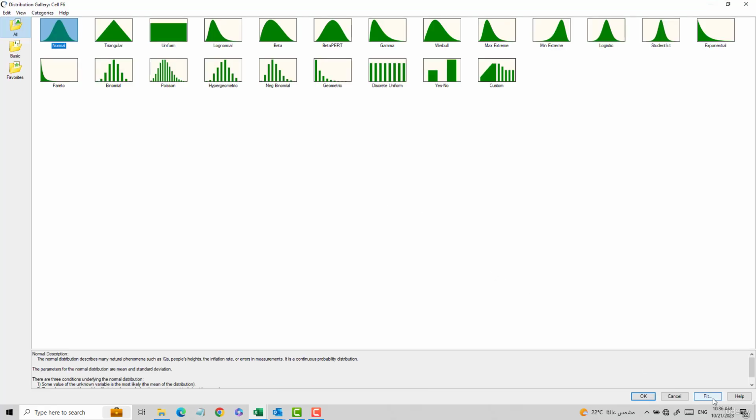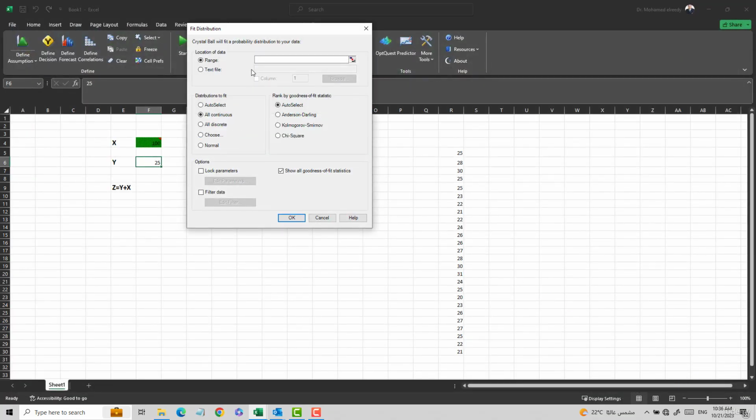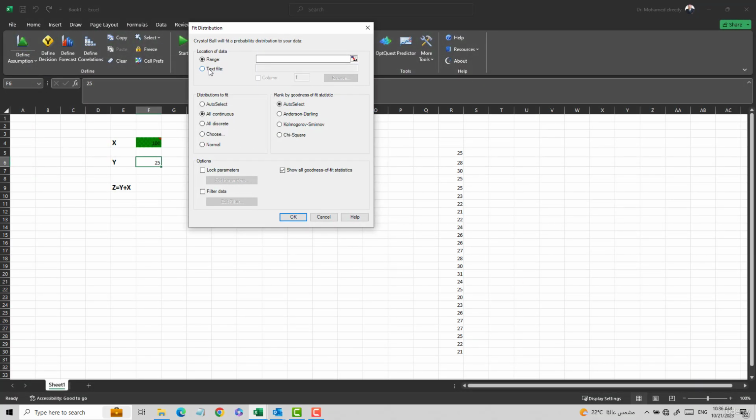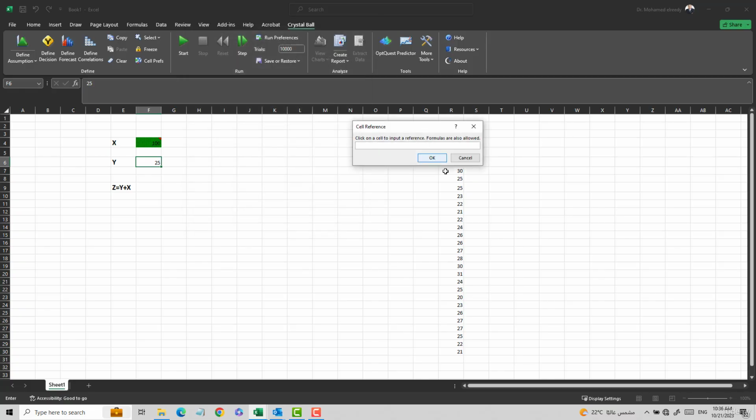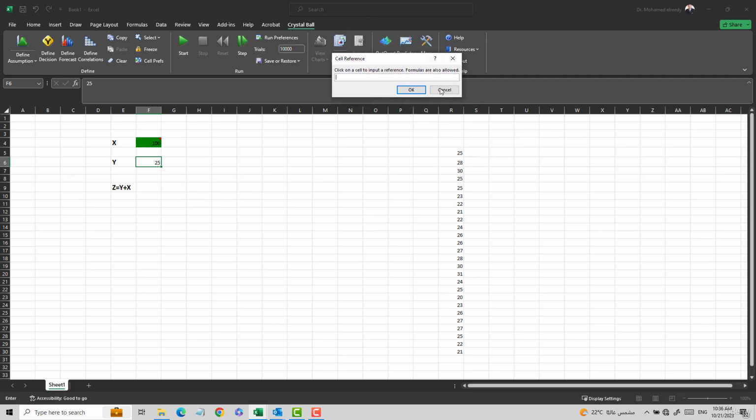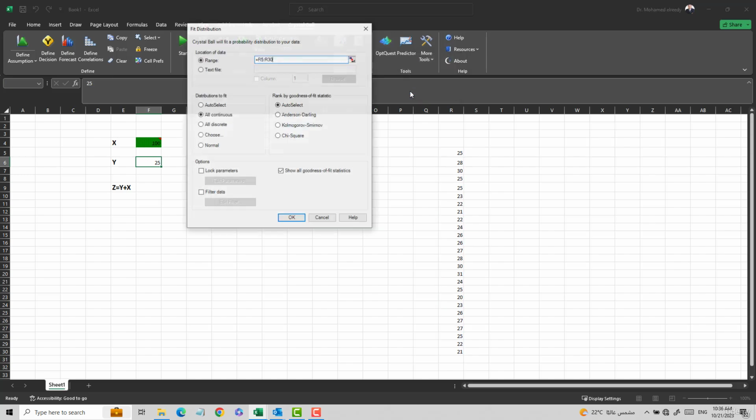Here is the lower icon, which is fitting. Fitting here will be a range. I take the range from here. This is the range that I have, this is the data that I have. In any way, it will be a range.